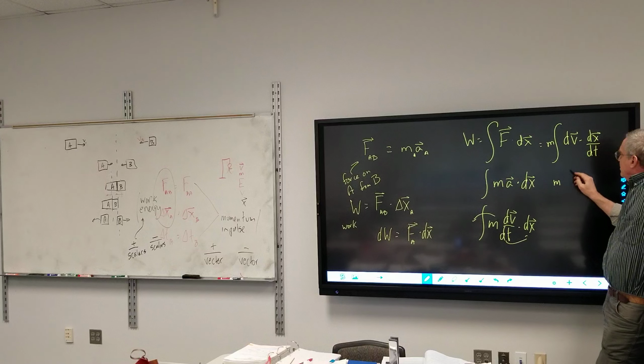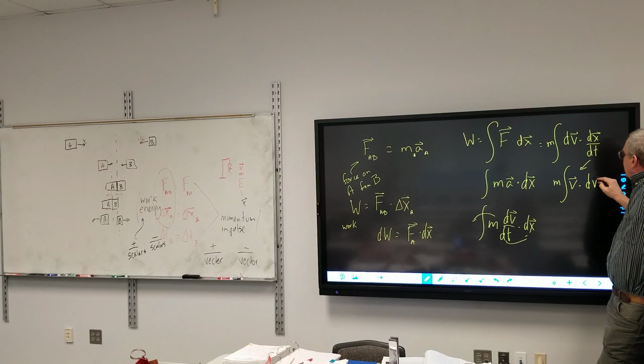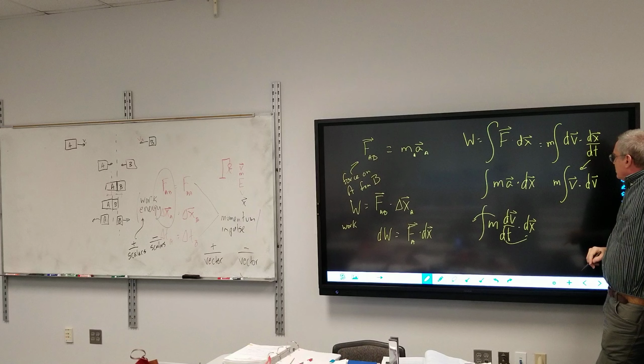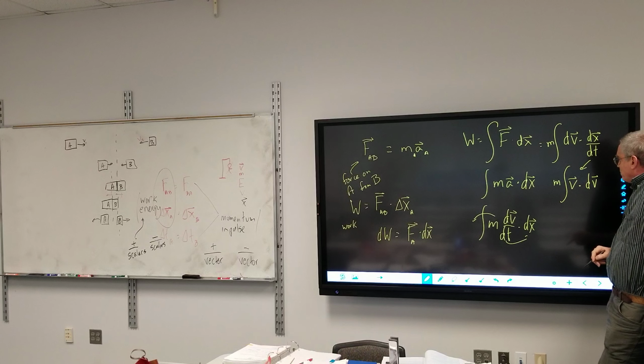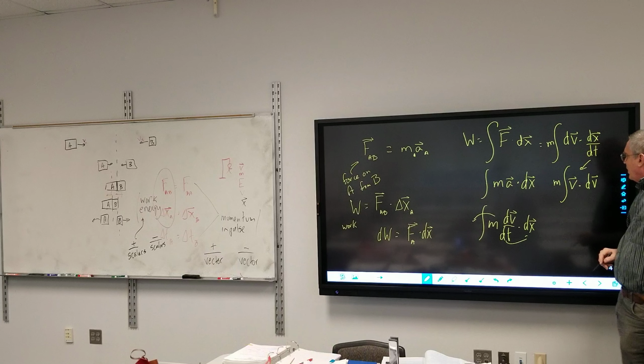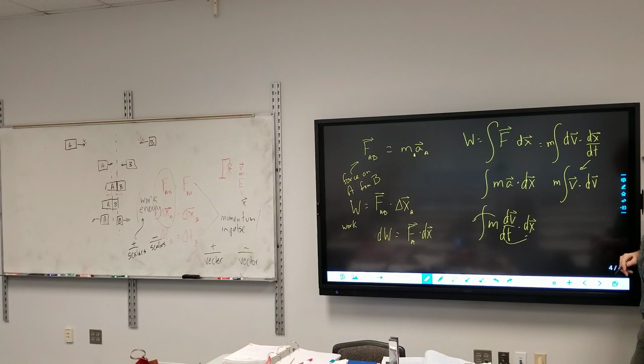So I now have m times the integral of v dot dv. I'm going to take this from some initial velocity to some final velocity.